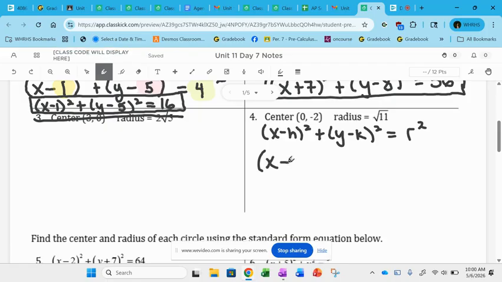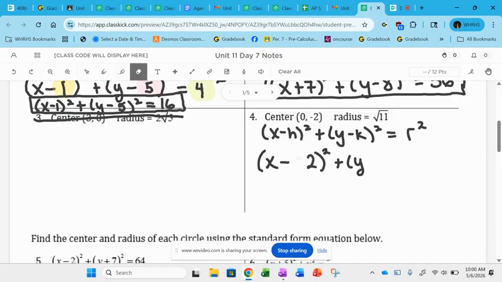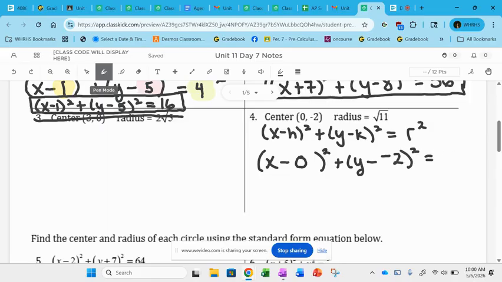So it's going to be x minus what? Oh, wait, no, negative 2 is not for x. I said yes, but that was wrong. That's 0. Sorry, I encouraged the wrong answer. Good. So then it's going to be y minus what? Negative 2 quantity squared equals what? Square root of 11 squared.